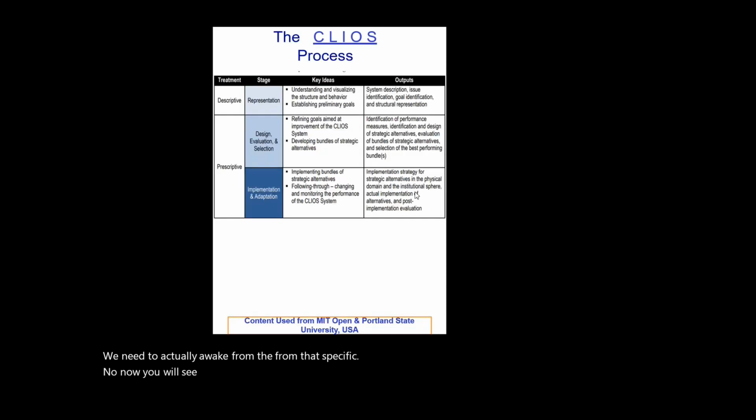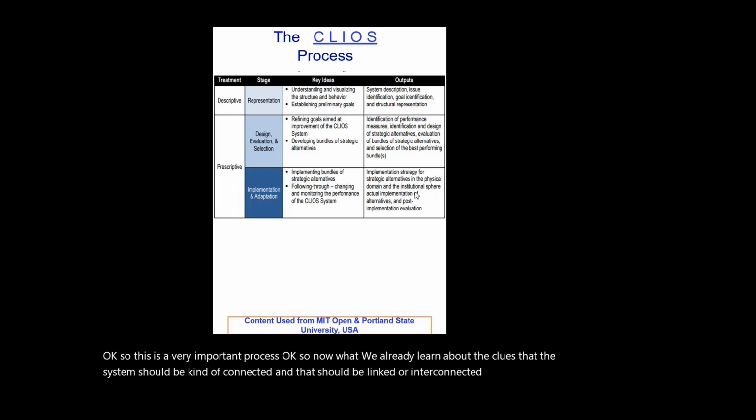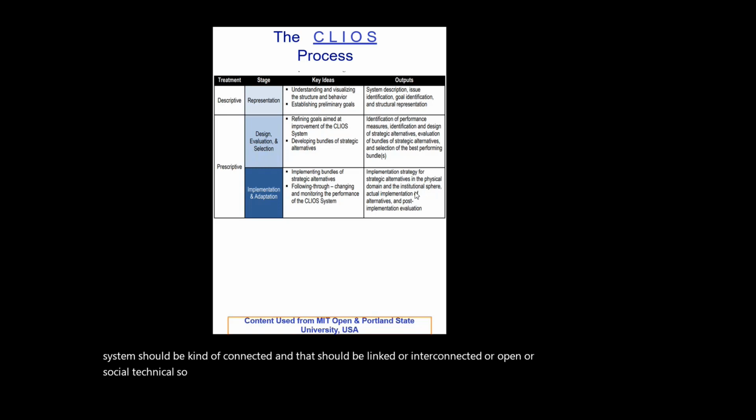Okay, so this is a very important process. Now what we already learned about CLIOS is that the system should be connected, linked or interconnected, open, or socio-technical. So how could we bring all those parameters into different stages, and what are our key ideas or what do we want to detect from those ideas?